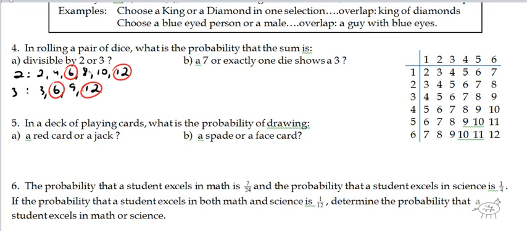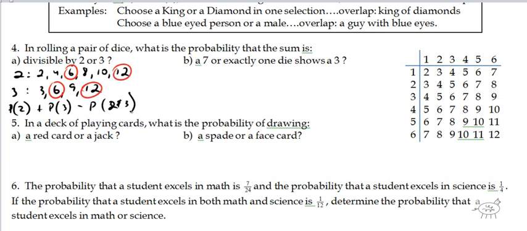Okay? So let's do the probability here. Divisible by 2, do you guys agree that half of them are divisible by 2? Because it's kind of like saying the even numbers. I can count them all, and I would get 18 out of 36 if I count them all. Or I know it's 1/2. So I'm doing basically the probability of divisible by 2 plus the probability of divisible by 3 minus the probability of 2 and 3.